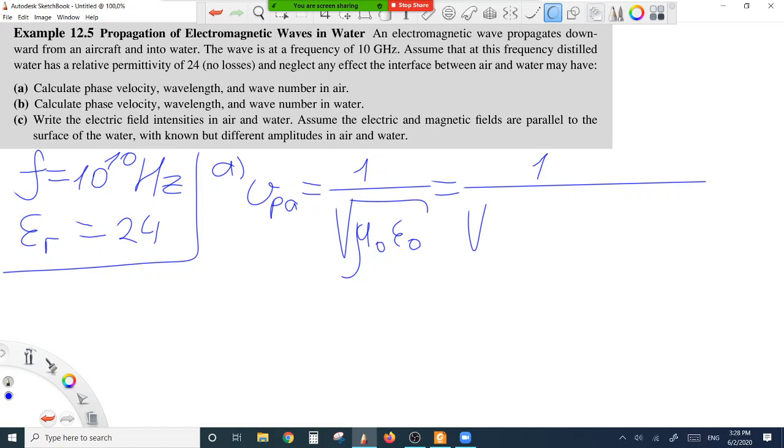So mu 0 is equal to 4 pi 10 to the minus 7, and epsilon 0 is equal to 8.854 10 to the minus 12.